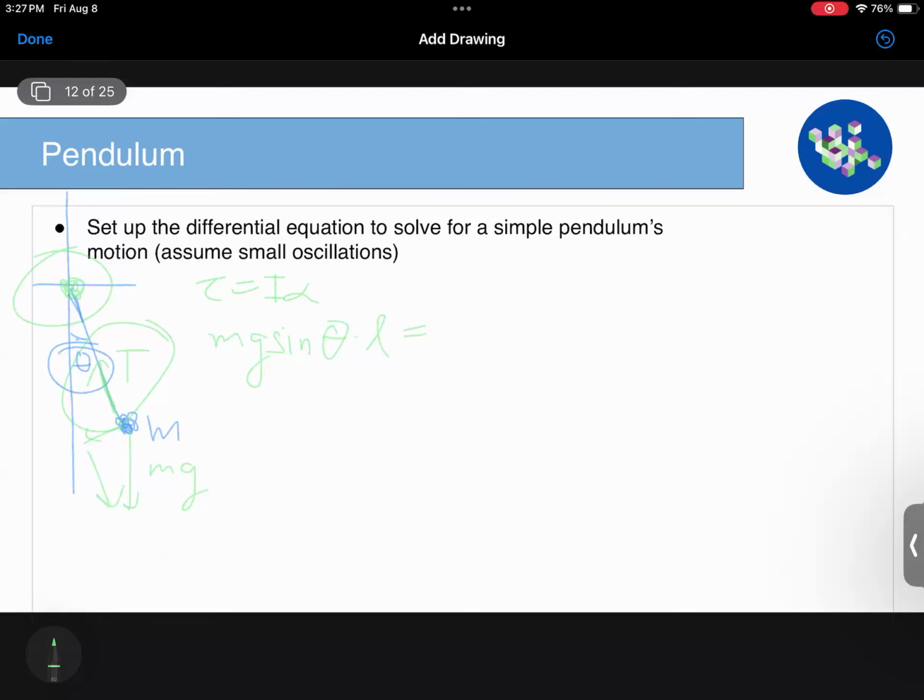Here, it's only the mass at the end of the string that has mass, because we're assuming the string is massless. So this is equal to m L squared, the moment of inertia, times the angular acceleration, and that's just theta double dot, the second derivative of the angle with respect to time, right?